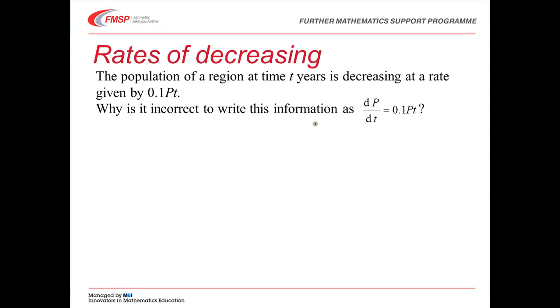Here's another one. The population of a region at time t years is decreasing at a rate given by 0.1Pt. But why is that equation incorrect? Well, the population is decreasing, so the derivative should be negative. dP by dt is equal to minus 0.1Pt.